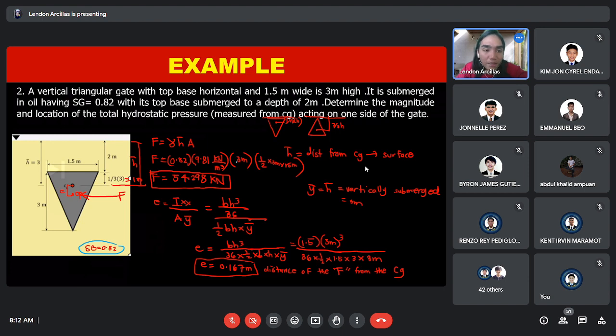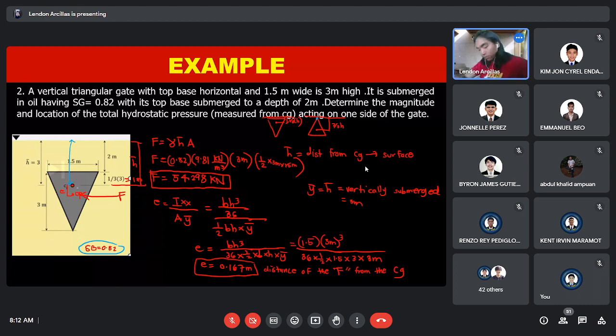Again, H bar is the location from the surface to the centroid of that object. And since the triangle is apex downward, yung centroid is 1/3 of its height. Okay, pag apex upward, of course, that is 2/3 of its height. So, yun yung centroid ng triangle.